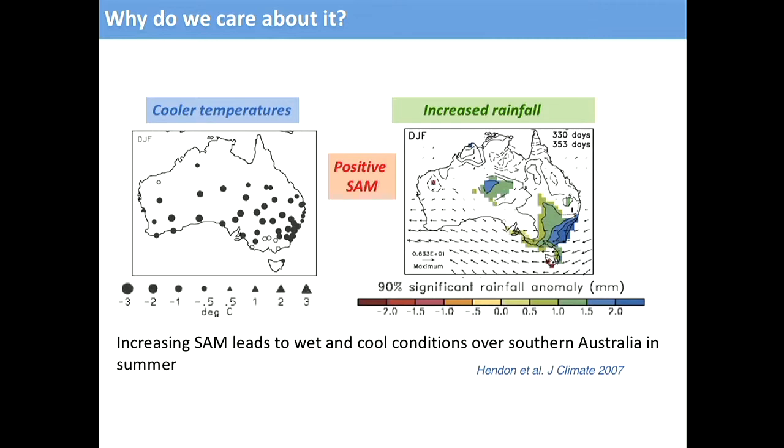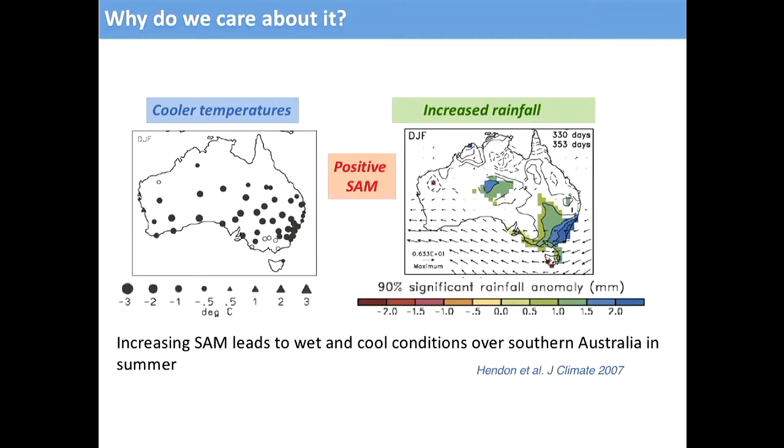They used, I think, daily EOFs of geopotential height to define their SAM. Where the dots are solid, they're significant. So you can see there's a significant impact on temperatures, and the shading is a significant impact on rainfall. And this is for our summer.